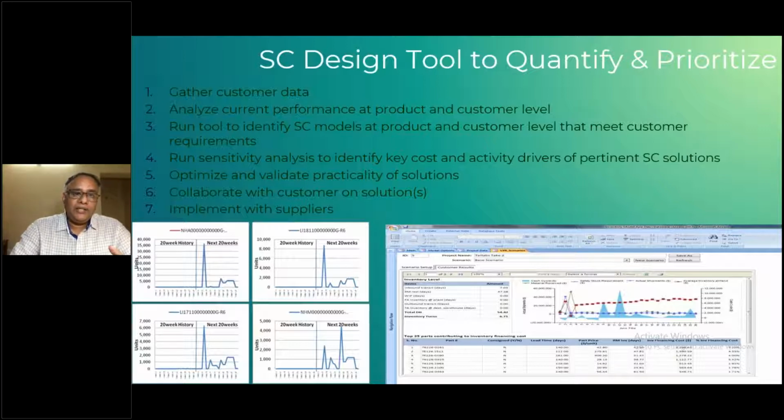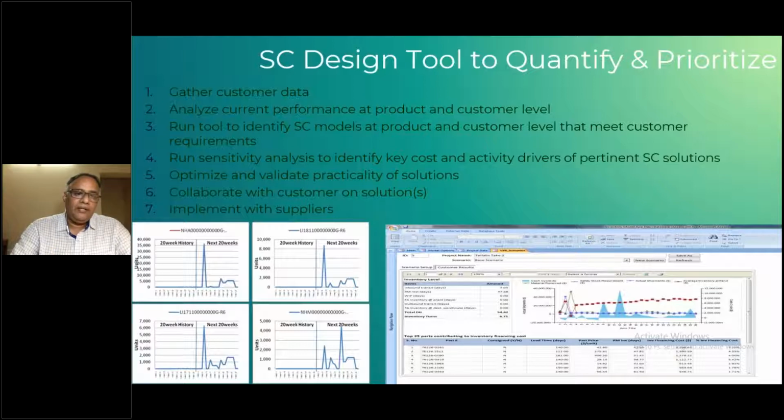Once you analyze the current performance of the product at customer level, you can rerun your whole supply chain model at the product level and simulate a complete sensitivity analysis, which drives your supply chain solutions in a different way, because here we are talking about the inventory and collaborating your whole solutions based on that.